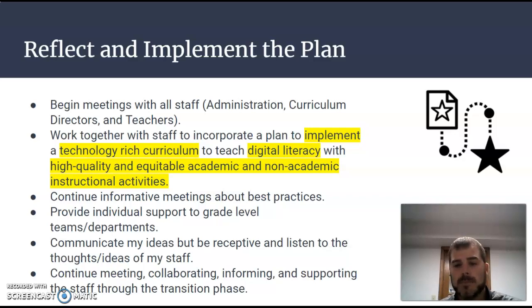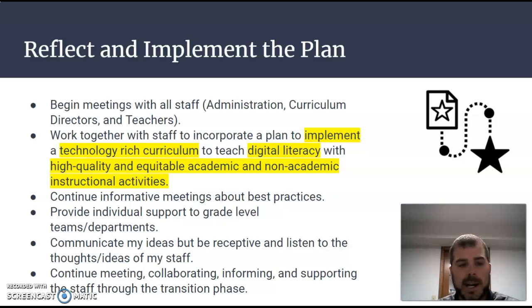By doing this, we're collaborating together on this. Everyone has a say. Everyone gets to give their opinion, and we need to collaborate and agree on these things together and do what is best for students. Then we would continue informative meetings about best practices.